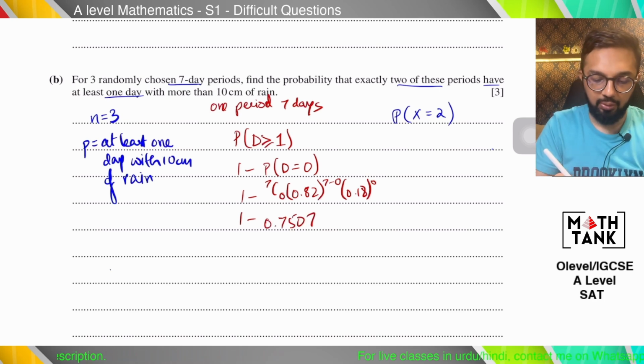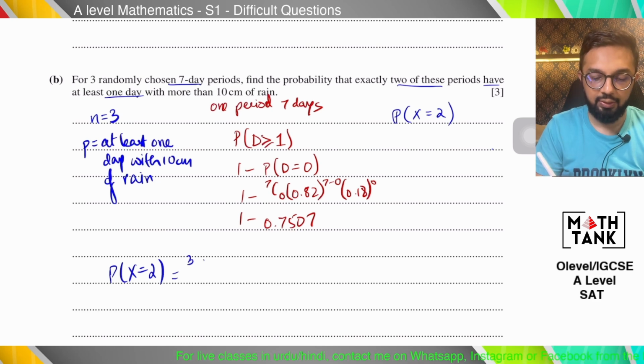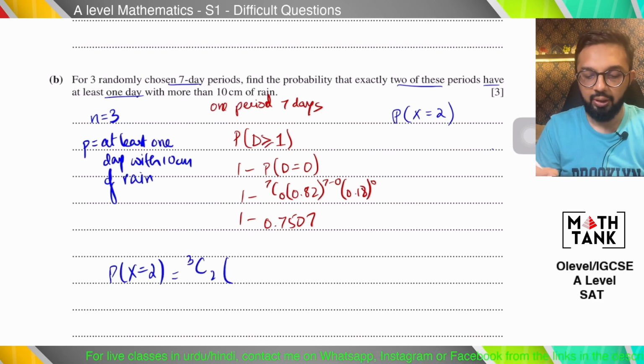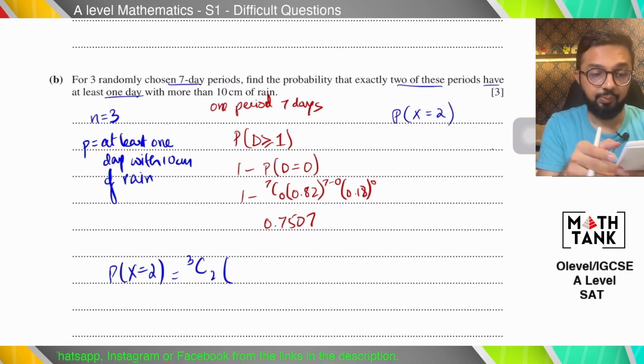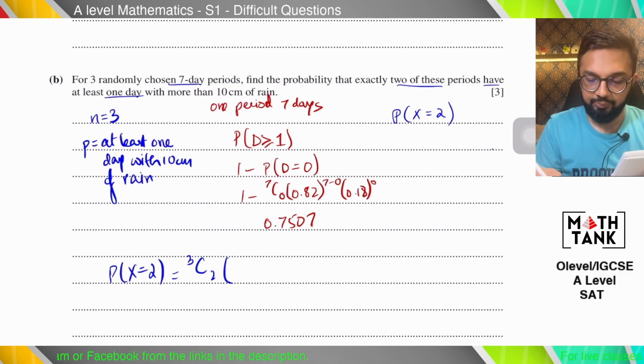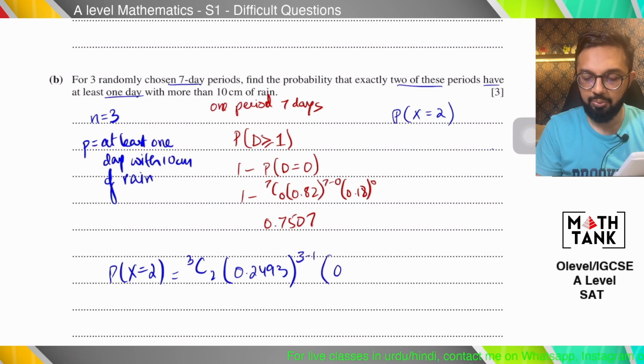So how do I find the probability of 2 now? I know that I have a total of 3 periods, so 3c2, that's the final answer, I think, 0.2493 power 3 minus 1, 0.75075.